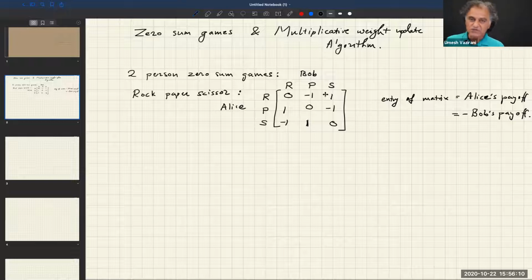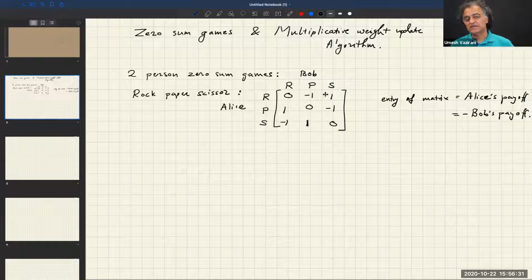But in this 2-person game setting, we want to think about something else, which is what happens if you don't see Bob's move, and you want to come up with your move first. Okay. Well, you could announce your move in advance, and you could say, well, I'll play rock. That would be a very bad idea.